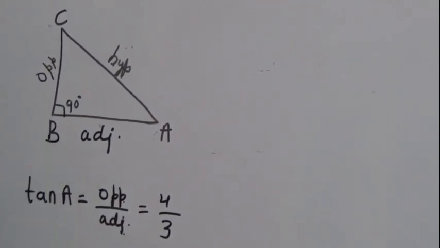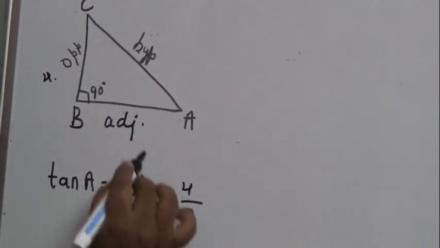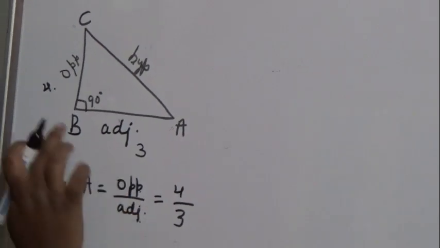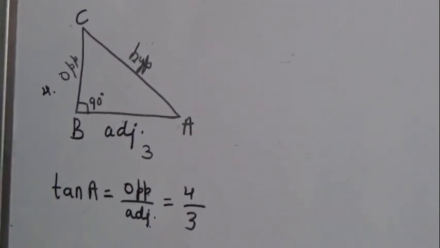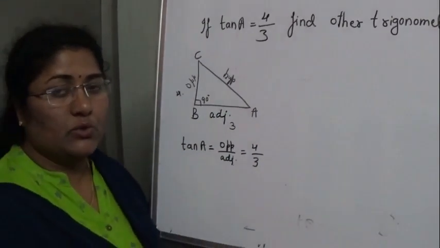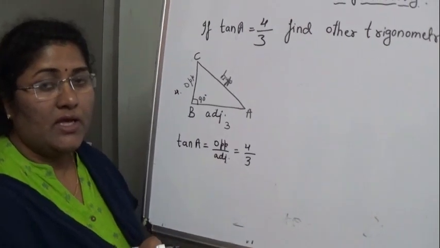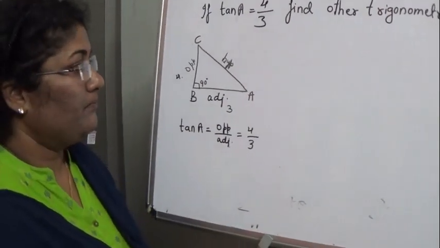Means I write the opposite as 4 units and the adjacent side as 3 units. Here 2 sides we know, but the hypotenuse we don't know. To write the other trigonometric ratios, you have to find out the value of the hypotenuse. This we can find out by using the Pythagoras theorem.